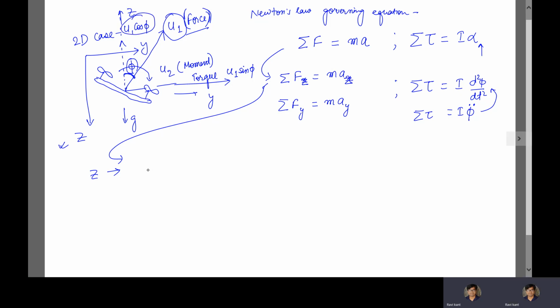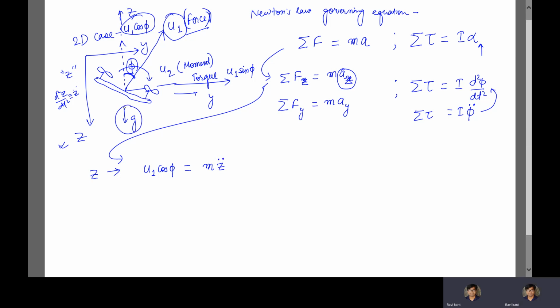So because of u1 cos phi, I will have mass times acceleration in the z direction. Let's suppose the displacement is z, so the acceleration would be d2 z by dt square, which I can also write as z double dot, m z double dot.